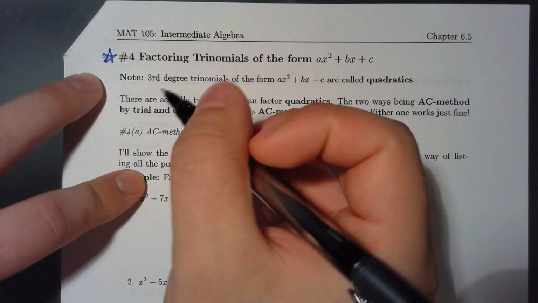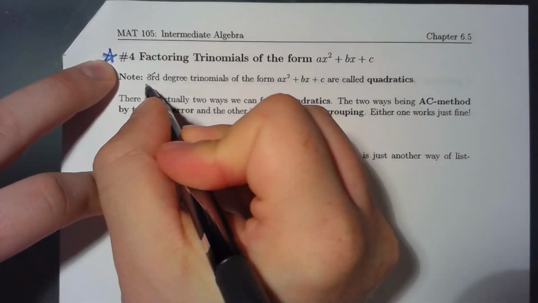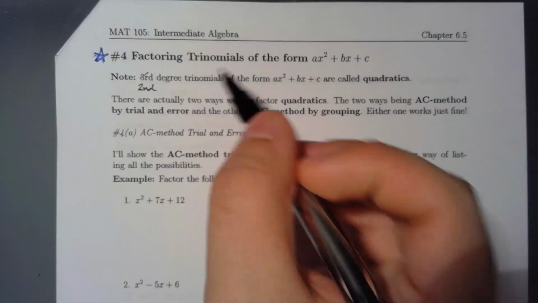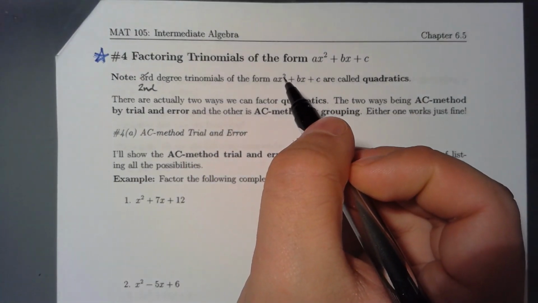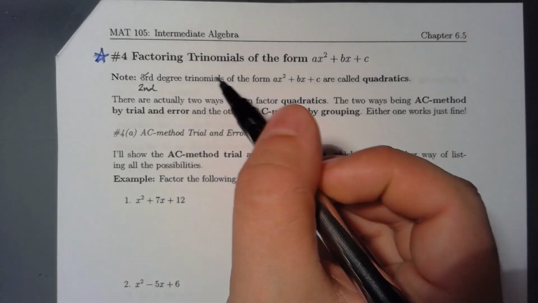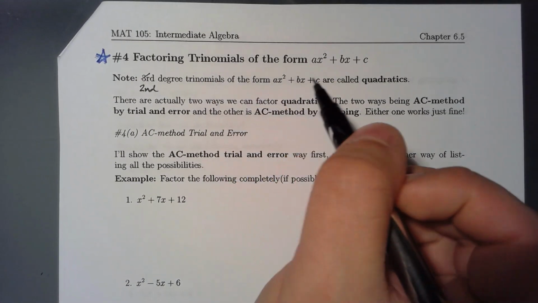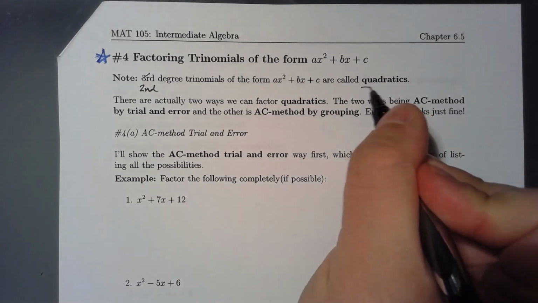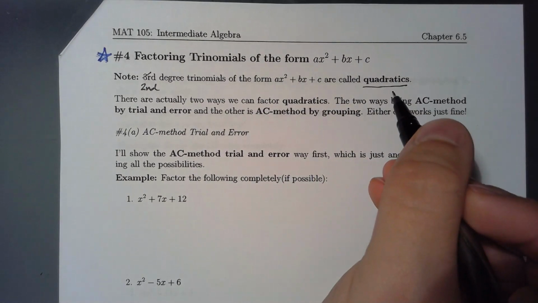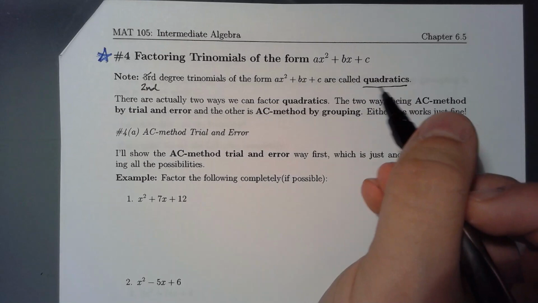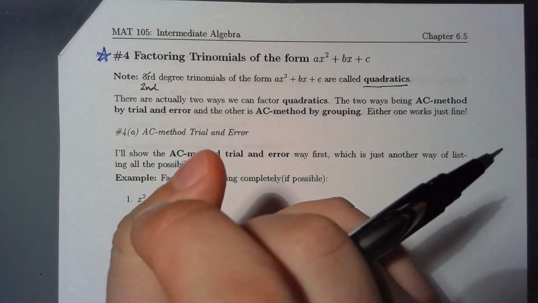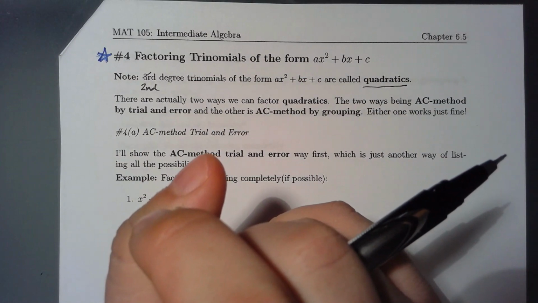So this is actually a typo. I should say second degree. Sorry about that. So second degree trinomials, that's because of the second power. So second degree trinomials of this form, ax squared plus bx plus c, are called quadratics. And that's important because factoring quadratics and solving quadratics are important things in algebra.